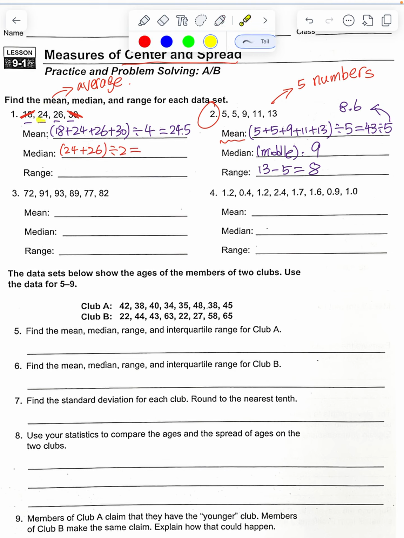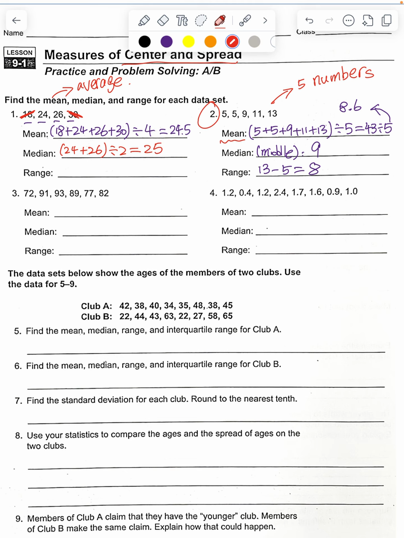By the way, what is the number in the middle between 24 and 26? That number must be 25. If you don't want to guess 25, you just add 24 and 26. That's 50. And then 50 divided by 2 is 25.